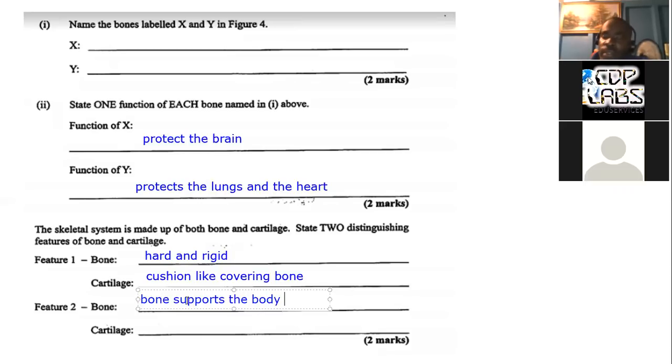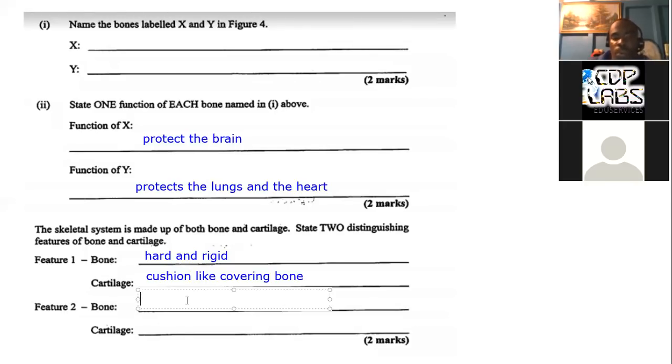Give me something different. The bone allows movement. The bone does not allow movement. It's the joints and the muscle that allows movement. I'm not saying that you were wrong in terms of the first one that you gave, but I want something else.